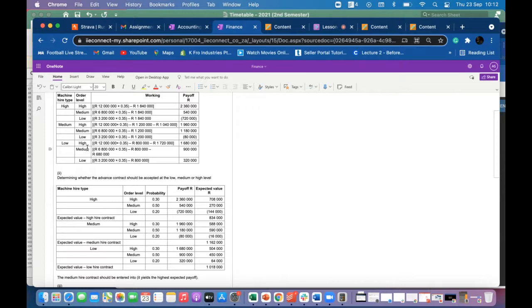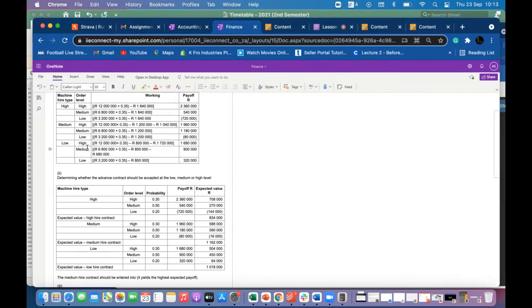Variable cost is 65% of turnover. Okay, cool. So that means that our marginal income or contribution is, if you look there, it says variable costs are 65% of turnover.